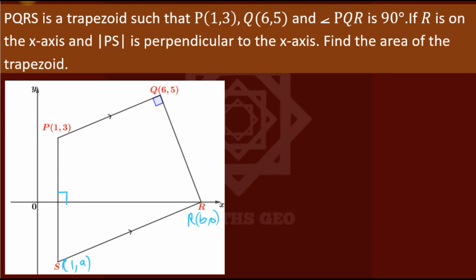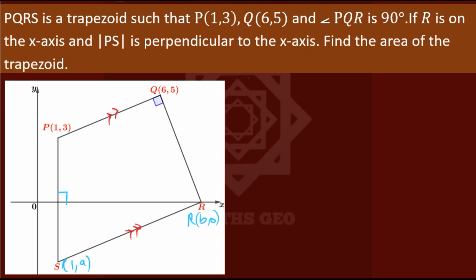And for this to be a trapezoid, as you can see, this line is also parallel to this. Yes, that's the condition for a trapezoid: it has one pair of parallel sides. And since PQ is perpendicular to QR, the product of their slopes will be -1.